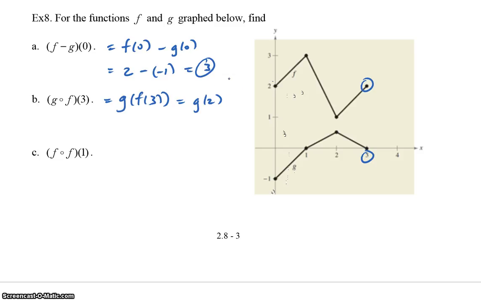All right, so now what is g of 2? Well, find x equals 2. Notice that the y from the graph of f becomes the x for the graph of g. So what is g of 2? It's the y-coordinate at this point.